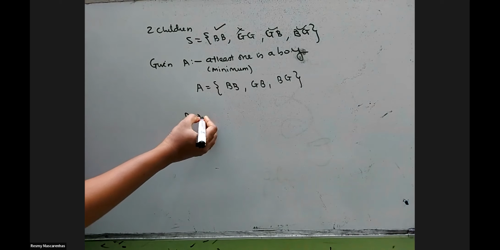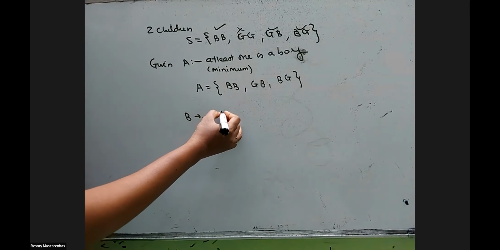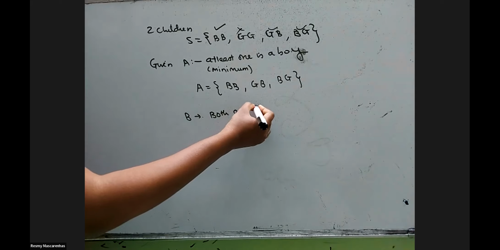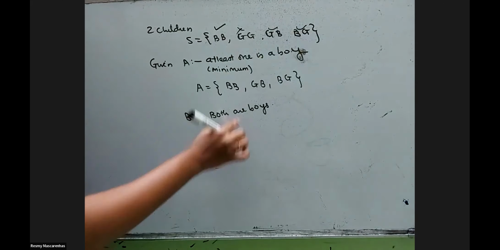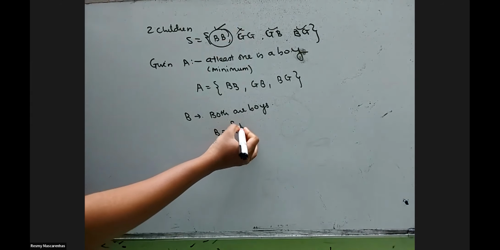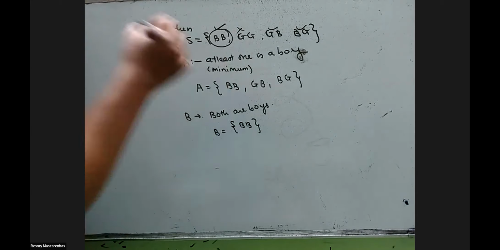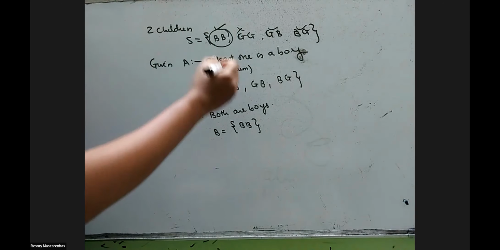B is what? Probability both are boys. Check which option has both boys. Only one option is there. So this is taken as one element, one possibility.